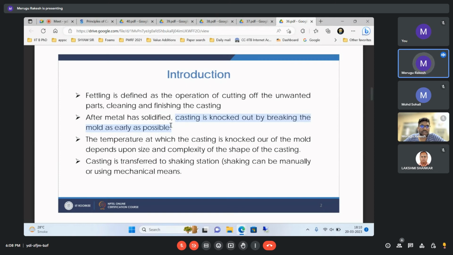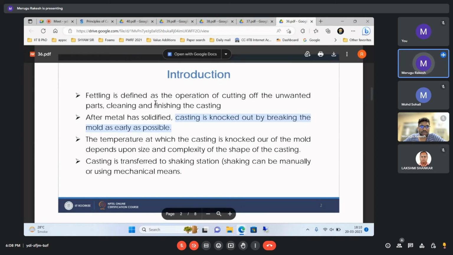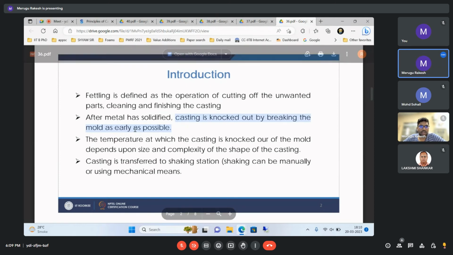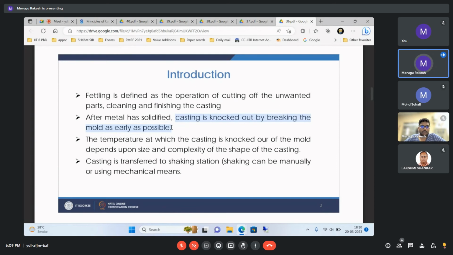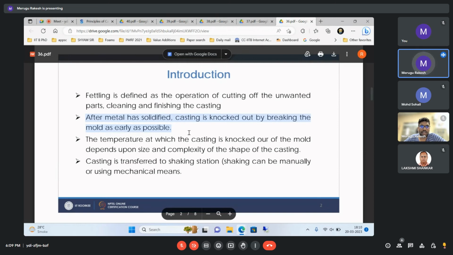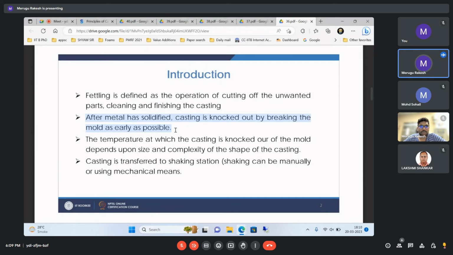Fettling is a common word used for these castings, but it can be of different kinds. If you are using sand casting, this second point is applicable. But if you are using the die casting process, that is not applicable. If you use investment casting, this is applicable. This is the generalized way of post processing the casting products.